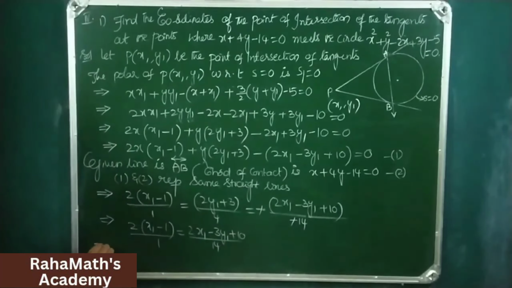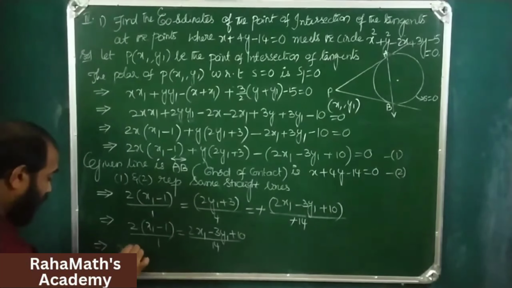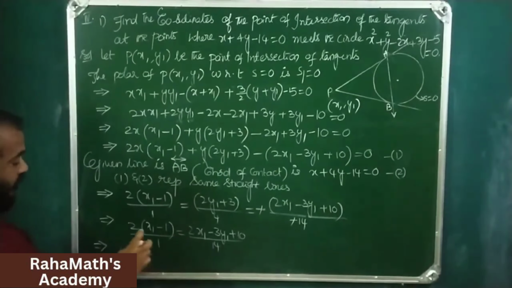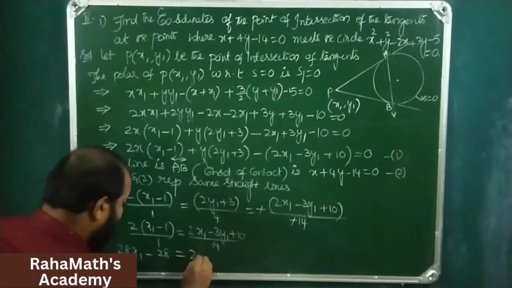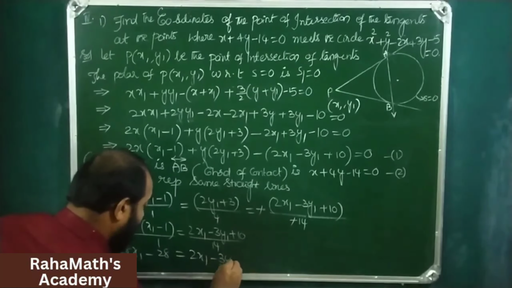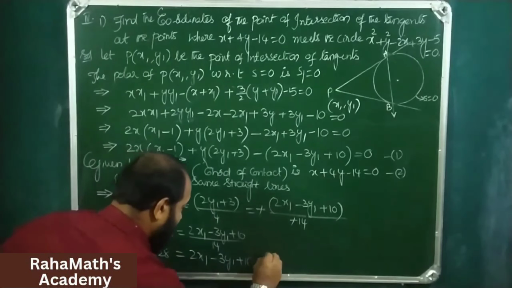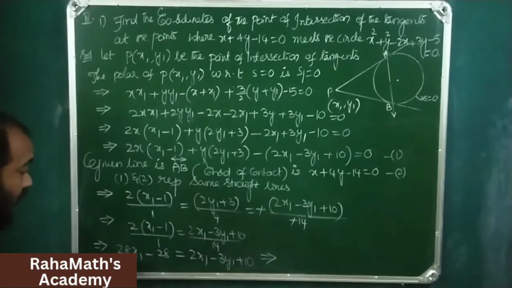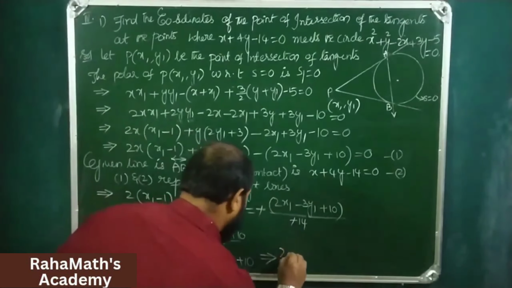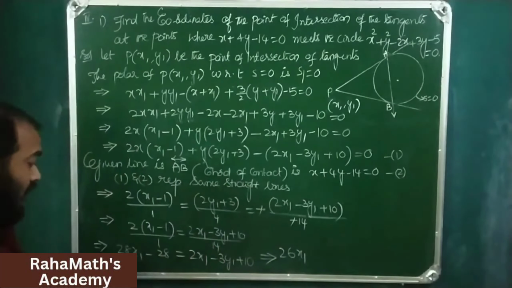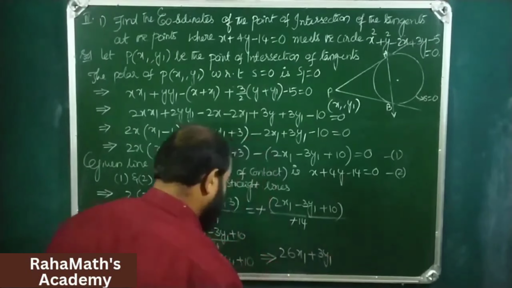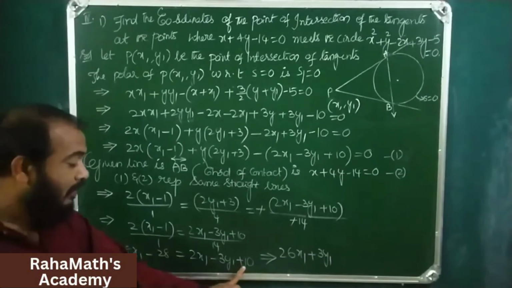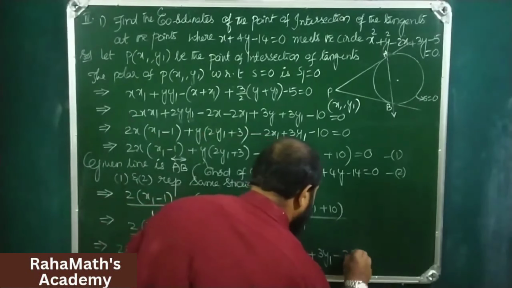So you just cross multiply. 14 2s are 28 into x1, 28x1 minus 14 2s are 28 into minus 1, minus 28, is equal to 2x1 minus 3y1 plus 10. That implies 28x1 minus 2x1 is 26x1, minus 3y1, if you take to this side, plus 3y1. Next, minus 28 minus 10, minus 38 is equal to 0.